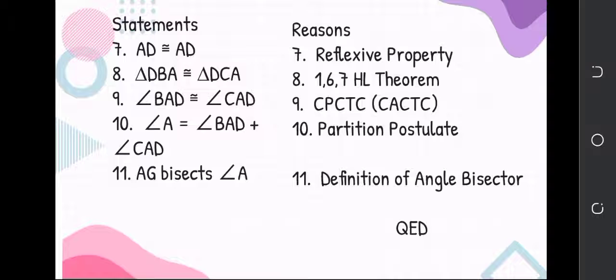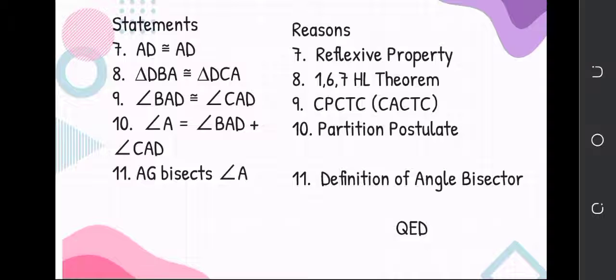Number 9 is angle BAD is congruent to angle CAD. And the reason is CPCTC, corresponding parts of congruent triangles are congruent, or CACTC, corresponding angles of congruent triangles are congruent. Number 10, angle A is comprised of two angles, angle BAD and angle CAD.